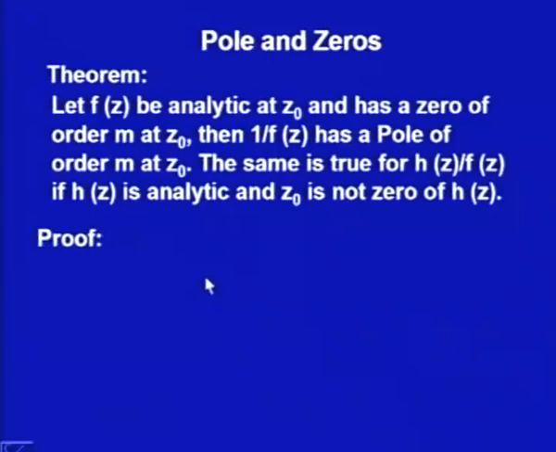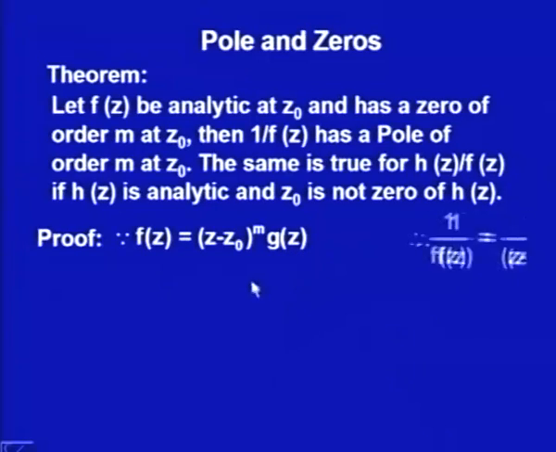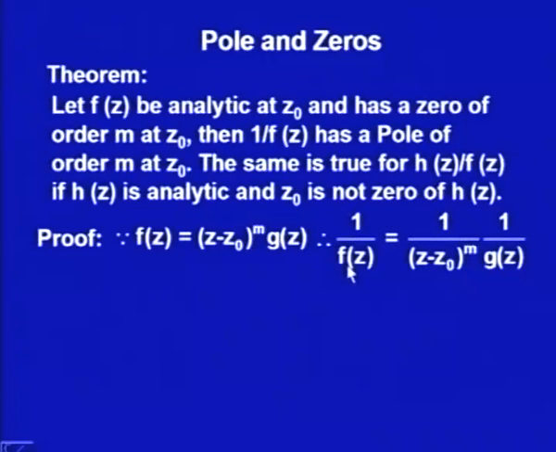For the proof, since f(z) has a 0 at z naught of order m, we could write f(z) as (z minus z naught) to the power m into g(z), where g(z) is an analytic function and g at z naught is not 0. So, 1 upon f(z) I could write as 1 upon (z minus z naught) to the power m into 1 upon g(z).